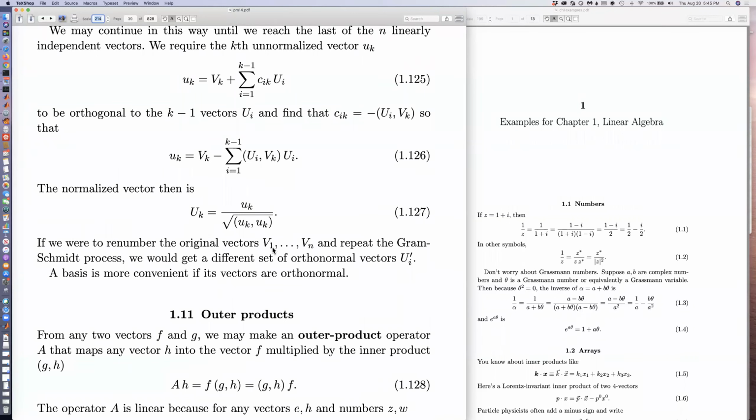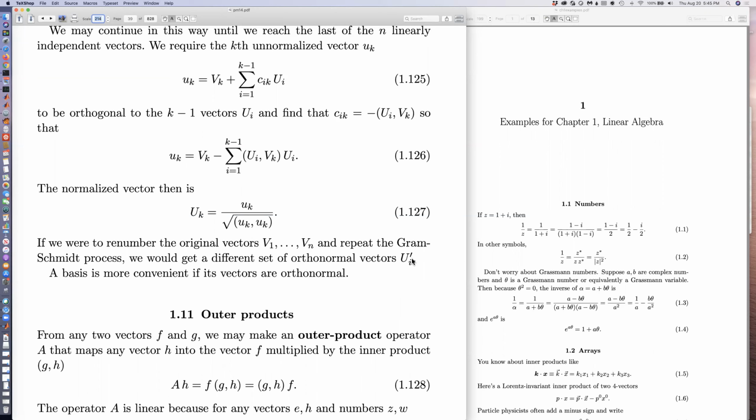Anyway, let me just mention something. Suppose we originally had n vectors that were linearly independent, numbered arbitrarily 1 through n. If we chose a different order, if we called this one V2 and we called this one V9 and renumbered the others, so we had a consistent set of numbers, then went through the Gram-Schmidt process, we'd get a different set of orthonormal vectors.